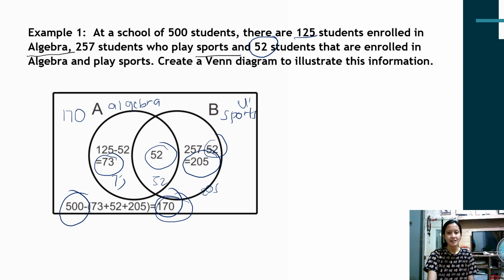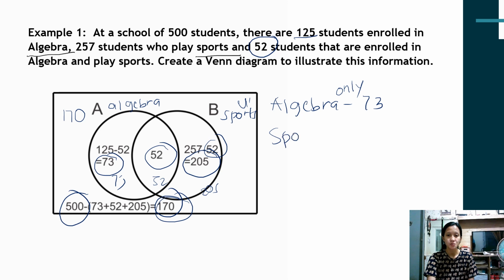First question, if I will ask you, how many students enrolled in algebra only? So for the algebra only, we have 73 students. There are 73 students who enrolled in algebra only. How many students enrolled in sports only? So all we have to do is to subtract them. So there are 205 students who enrolled in sports only.